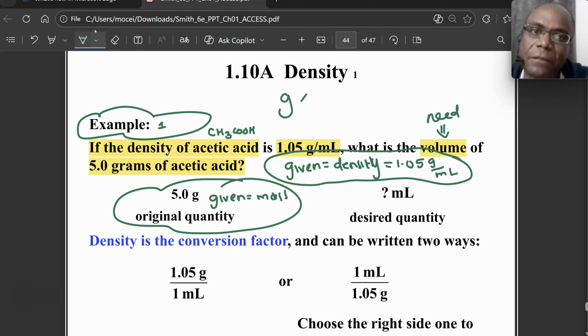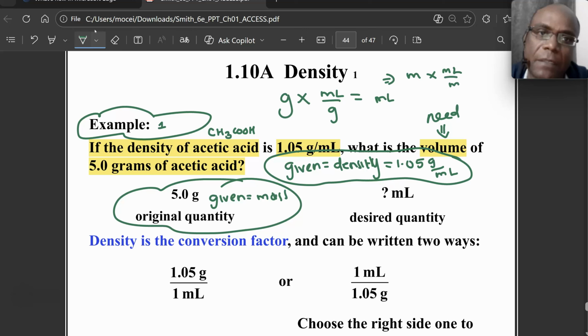Now remember, the last formula was grams times ml over grams equals ml, right? Or if you want to say mass times the inverse of density, ml over mass, equals ml, because m and m will cancel. So we will want to do the inverse of our density to plug it in here.